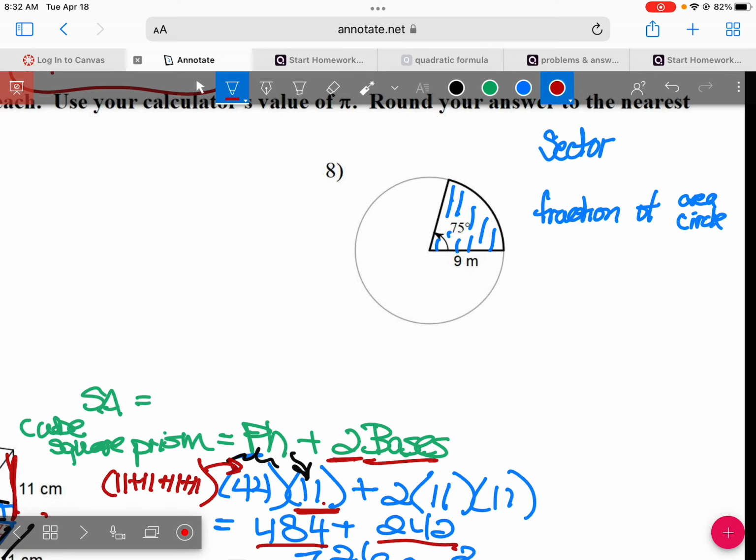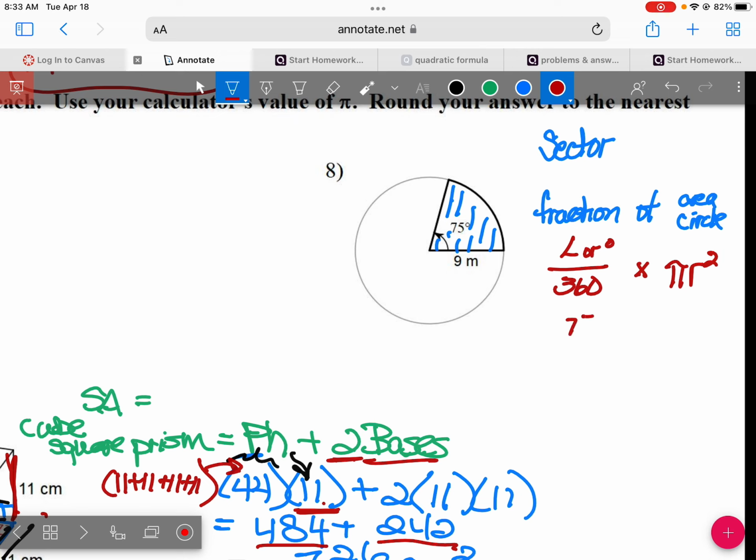The area of a circle, we know, or if you look it up, is pi r squared. And where do I get the fraction from? That is my angle or degree out of 360. That makes up the fractional part.